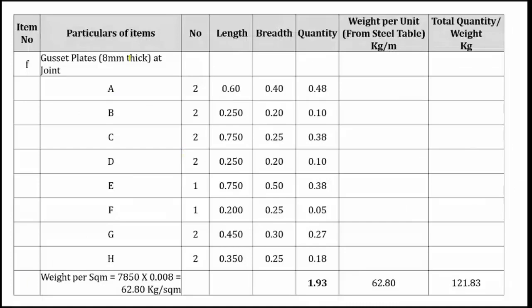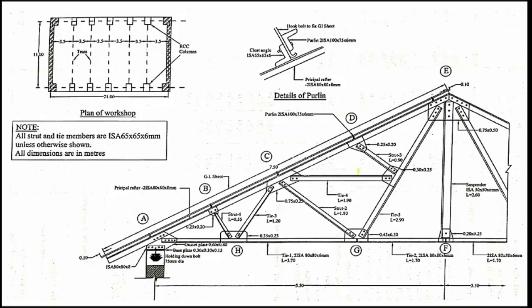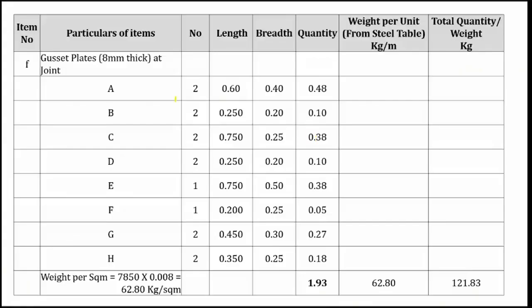Then next, we will go to the gusset plate calculation. Usually the thickness of the gusset plate will be given to us. That is 8 mm thick. Whichever thickness is given to you, you can take that. Right? So here all the gusset plates are 8 mm thick. Here what we do is we will calculate the area, afterwards we will multiply it by the thickness. Right?